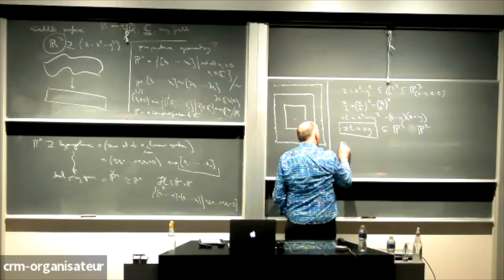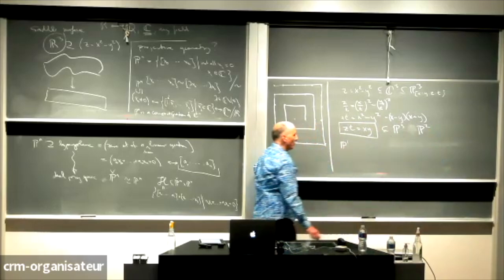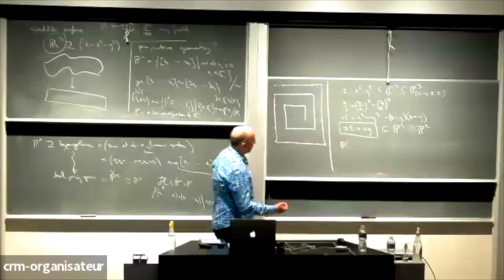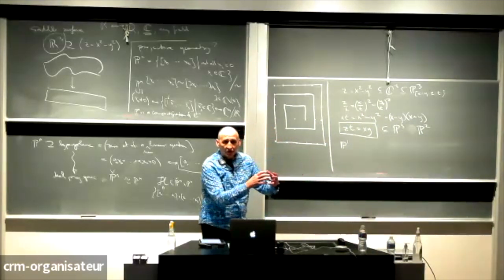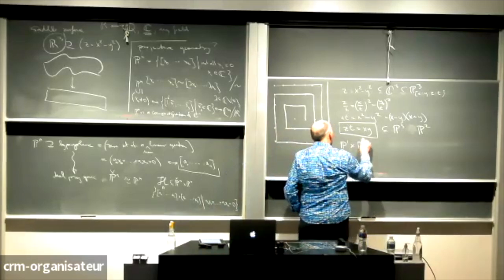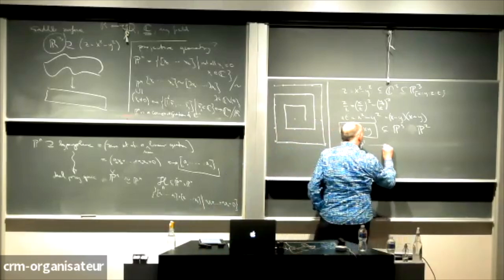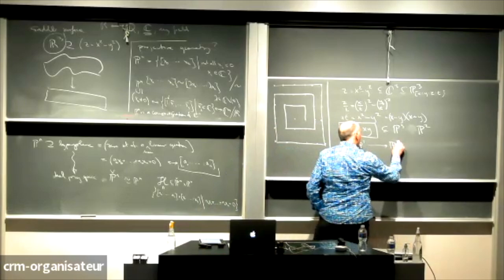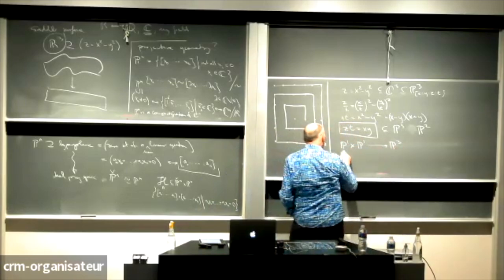So if I take P1, this is actually a sphere, a Riemann sphere with a complex structure. And I take P1 cross P1. I can define a very simple map to P3. And it goes like this.